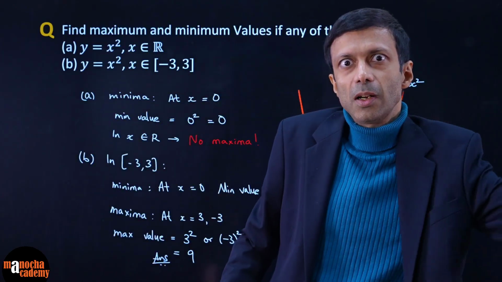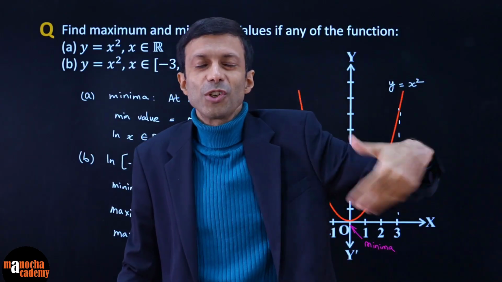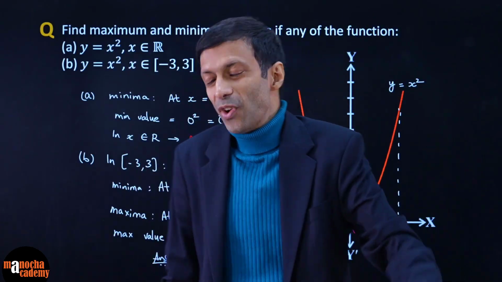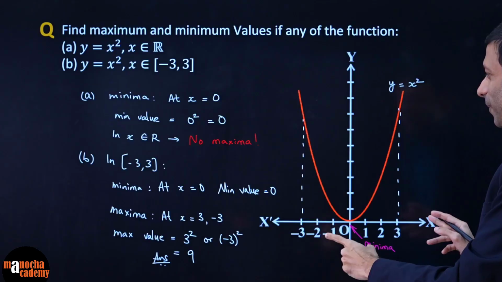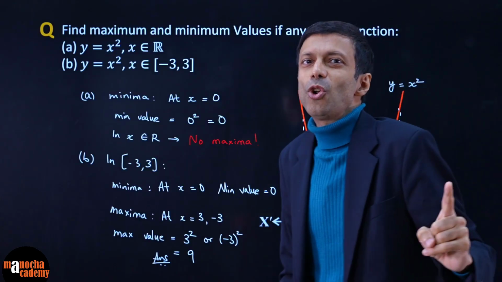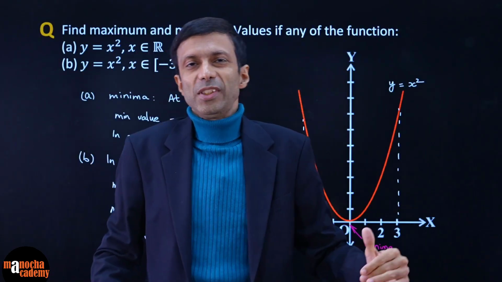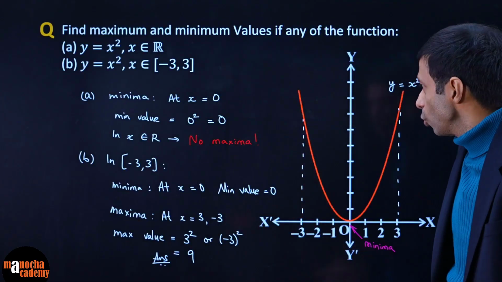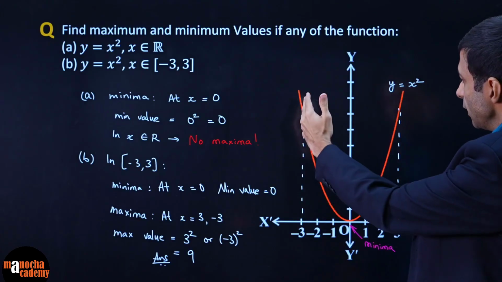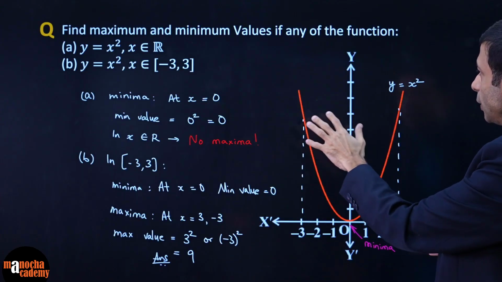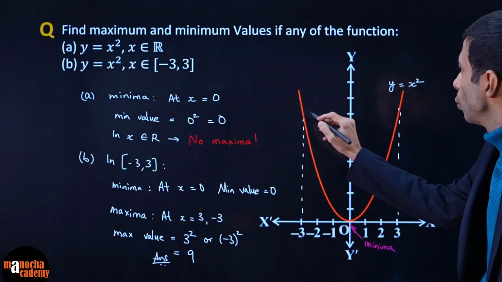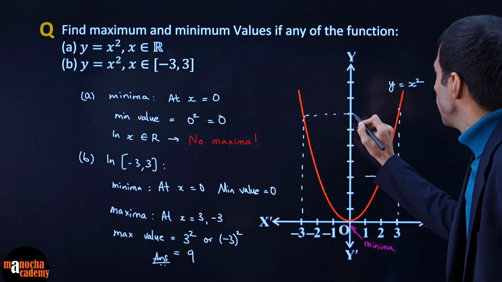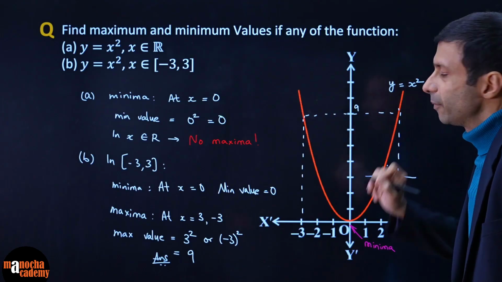It's not like suddenly one more student, a taller student or a shorter student walks in. So once the interval is closed, then we can definitely talk about the highest and the lowest, the maxima and the minima. And in this example, the answer came out to be at 3 and minus 3. That's where the graph reached its highest value, and it came out to be 9.